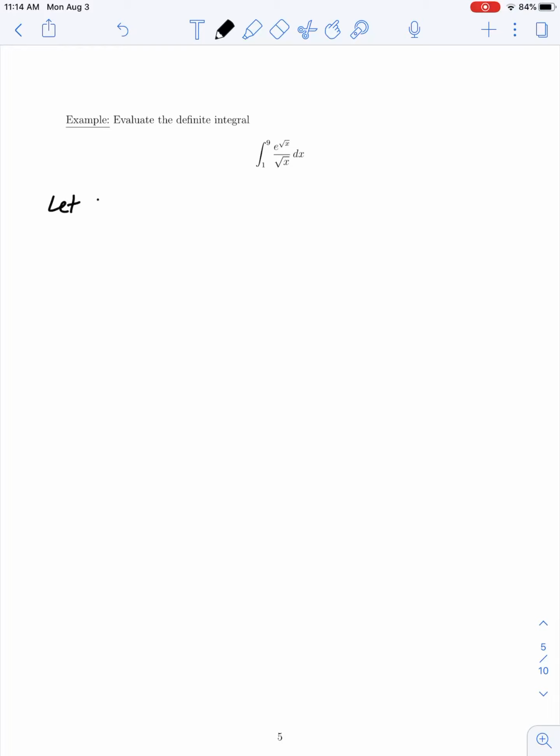So our first step will be to choose a value for u. Again, it's typically the inner function in our composition, so in this case square root of x, in which case the differential of u is the derivative. Now the derivative of square root of x is 1 over 2 times the square root of x, and then we multiply by the differential dx.